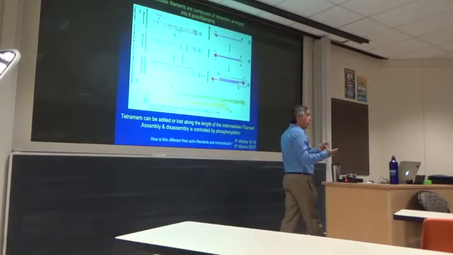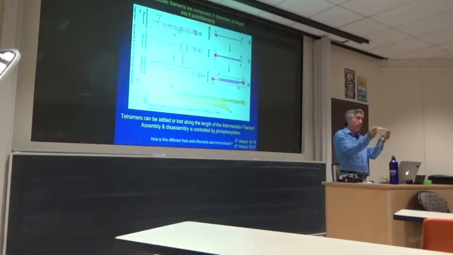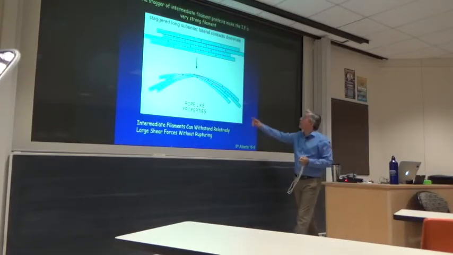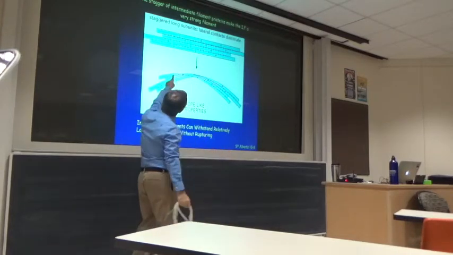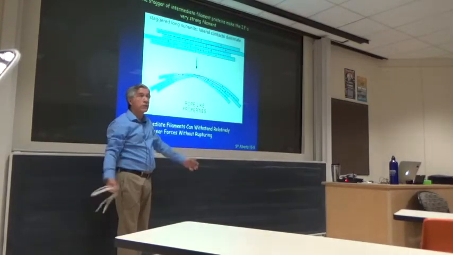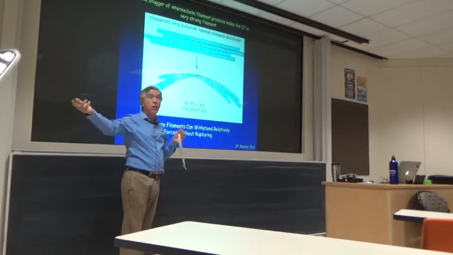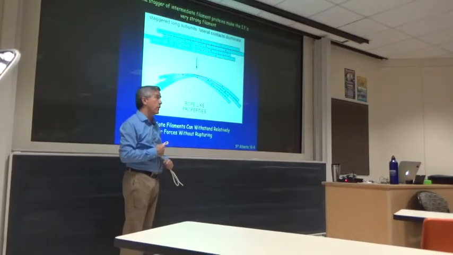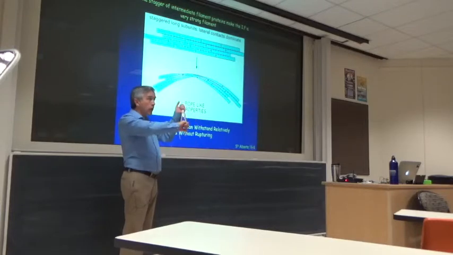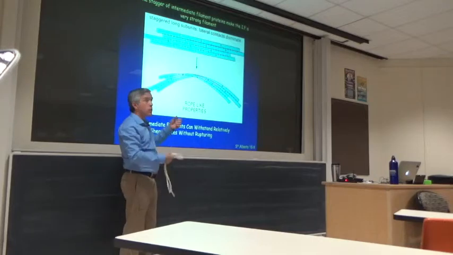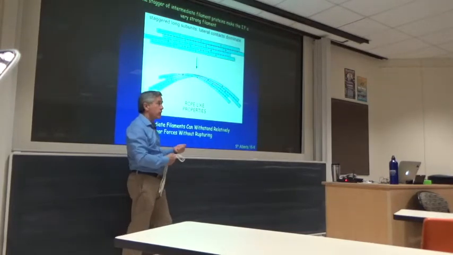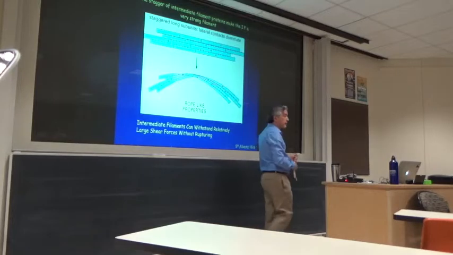So essentially the intermediate filament behaves like a rope in that it is flexible, but it's also mechanically very strong. Here the rectangles represent the tetramers, and the tetramers are going to have lots and lots of side-to-side interactions with other tetramers in adjacent protofilaments. So you can twist this back and forth, and this intermediate filament will be able to withstand that friction, that torsion, that mechanical stress.